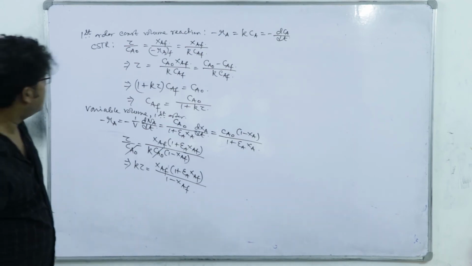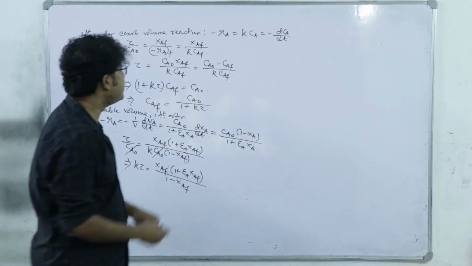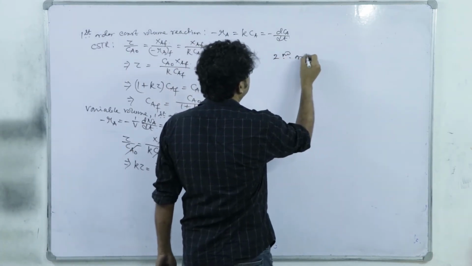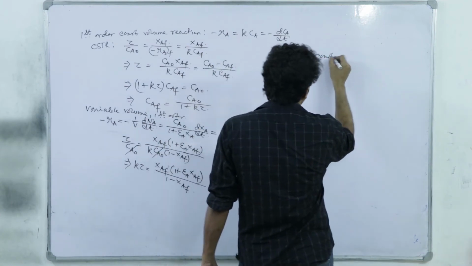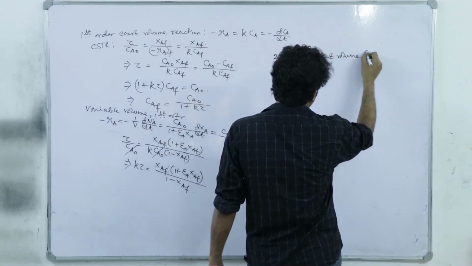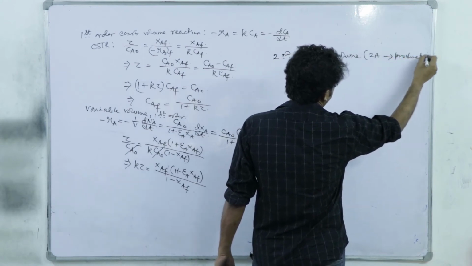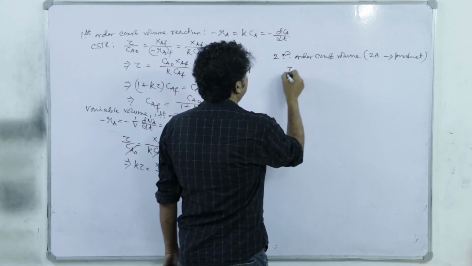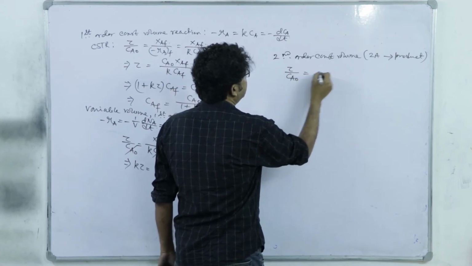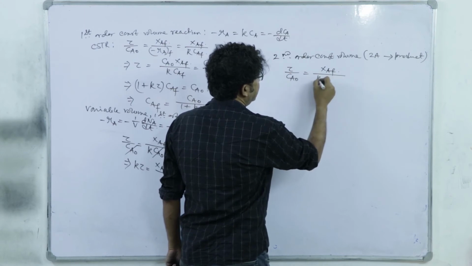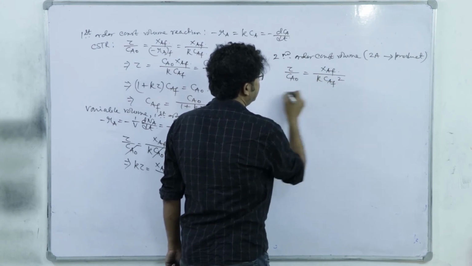Now for second order constant volume, unimolecular reaction, 2A giving product. So it is tau by Ca naught is equal to Xaf by K into Caf square.